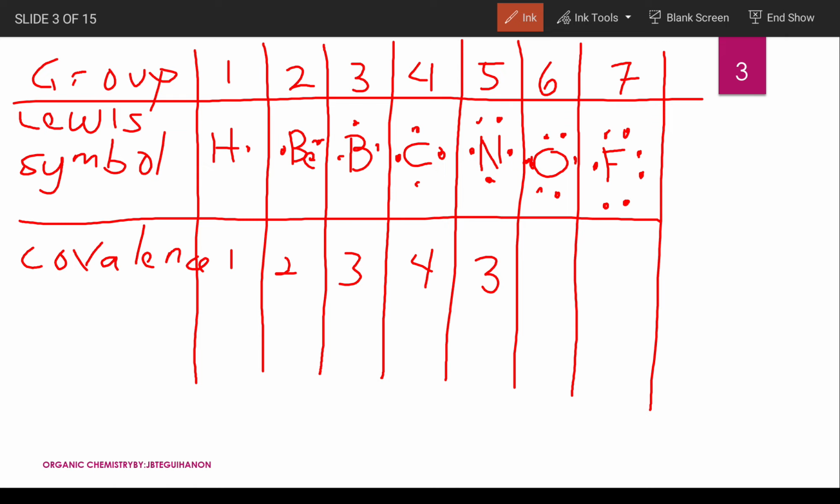And then in group 6 you will have 2, and in group 7 you will have 1. These are the covalences.